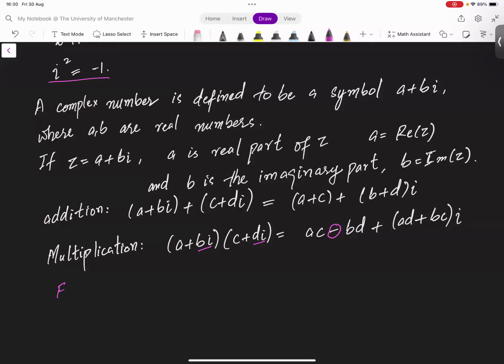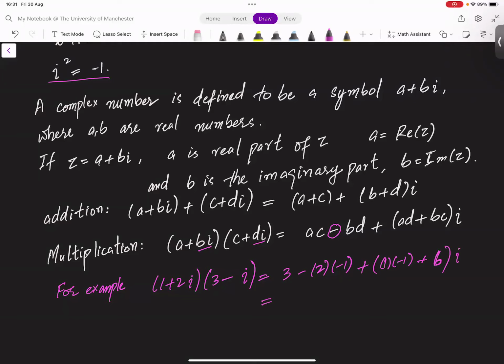Okay. And similarly, for example, you have 1 plus 2 iota and 3 minus iota, you will get what? ac, which is 3, minus bd, but here d is -1, because there is a minus sign inside the bracket. So minus (2 into -1), and then plus ad, which is 1 into -1, plus bc, which is 6, and you will have iota here.